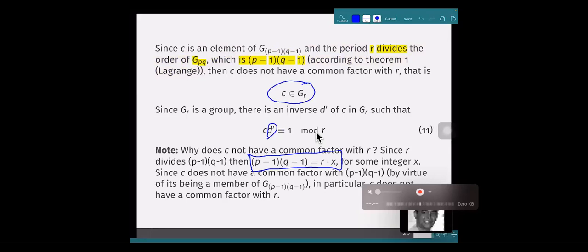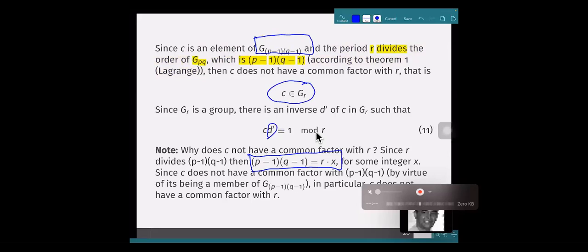So what are we trying to show here? We're trying to show that C does not have a common factor with R. Now, since C is a member of this group, what does that mean? It means that you don't have a common factor with P minus 1 times Q minus 1.